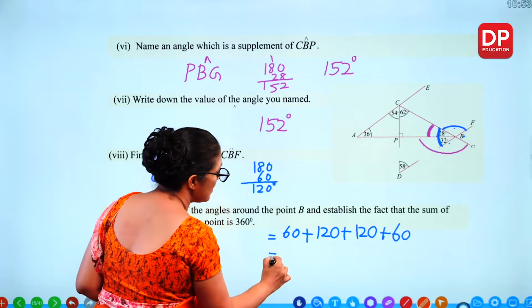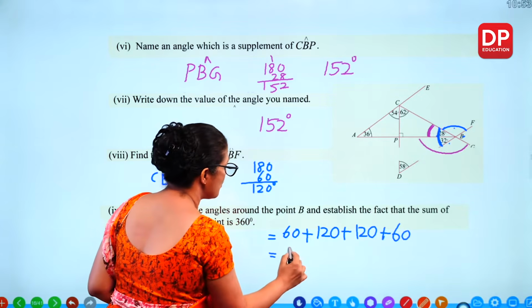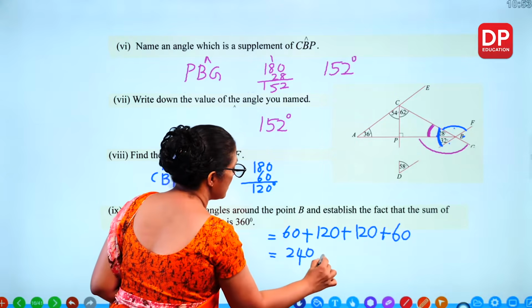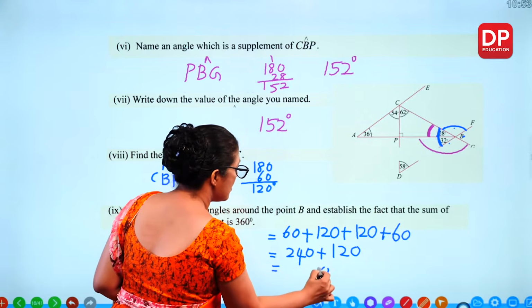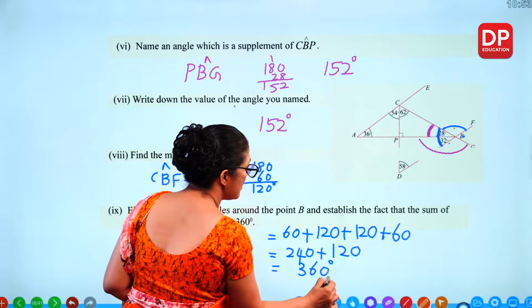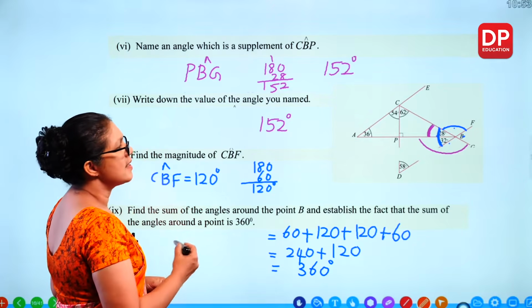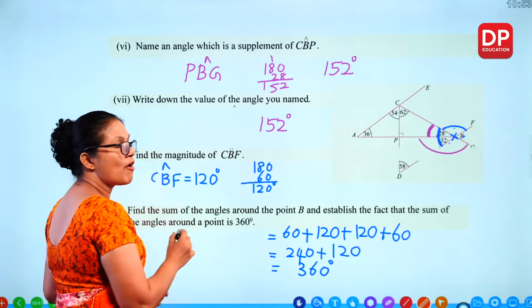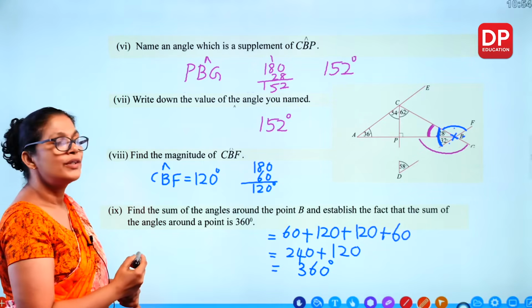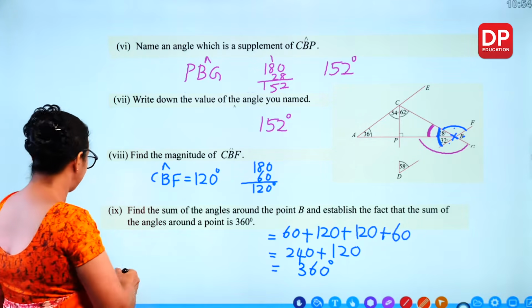So add and see. 120, 120, 240. 60 and 60, 120. Now add it together, you get 360. So that's the point B. So around the point, the sum of angles is equal to 360.